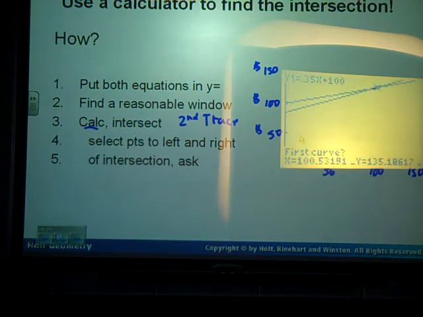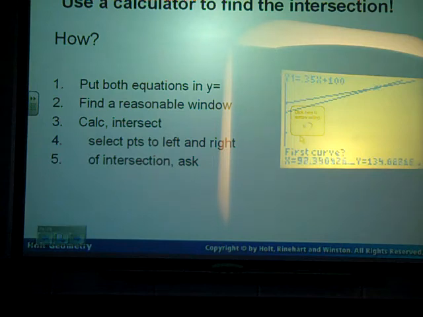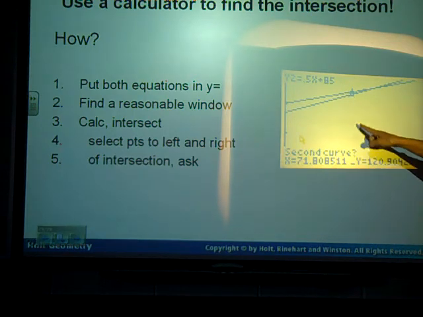So it's going to say to me, first curve. And I'm going to arrow key to the left of this intersection, and I'm going to press enter. And then it says second curve. Now I've got to be on the other side of the intersection. So I'm going to arrow key over to the right side, and I press enter.